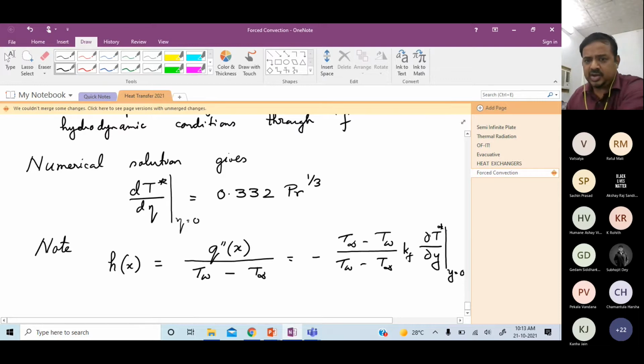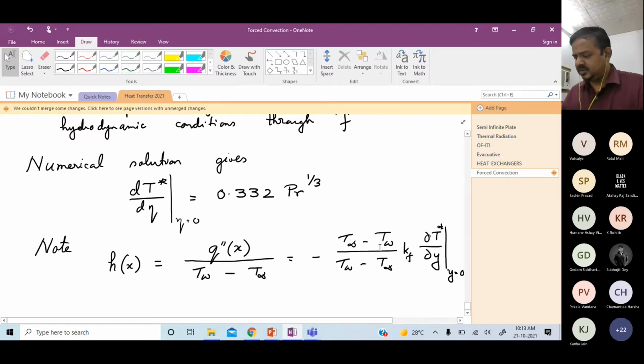You get it? Because it's actually del T del y at y equal to 0, but since I'm converting it to del T star, I have to multiply by the non-dimensionalization parameter, which is T infinity minus Tw.